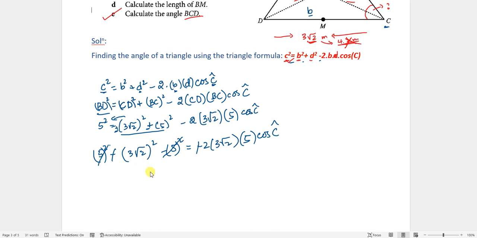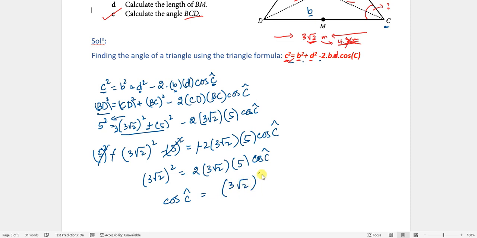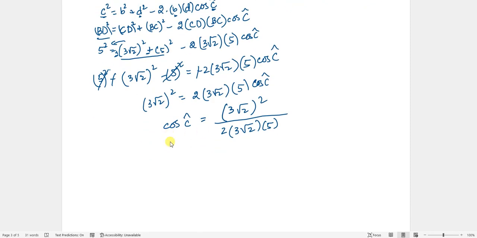So finally we are left with 3 root 2 whole square is equals to 2 times 3 root 2 times 5 times cos angle C. So we can write cos angle C is equals to 3 root 2 whole square divided by 2 times 3 root 2 times 5. Therefore, angle C is equals to cos inverse of 3 root 2 whole square divided by 2 times 3 root 2 times 5.